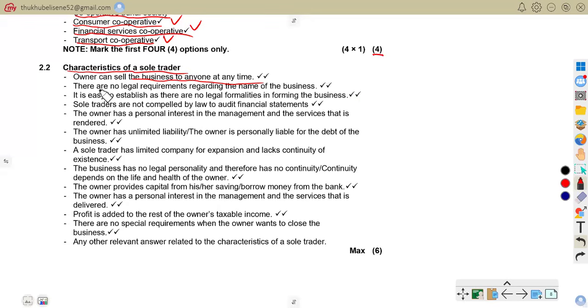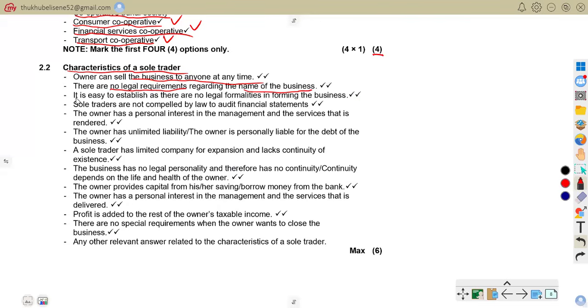That is that. There are no legal requirements regarding the name of the business, meaning the owner can choose any business name without strict registration rules.